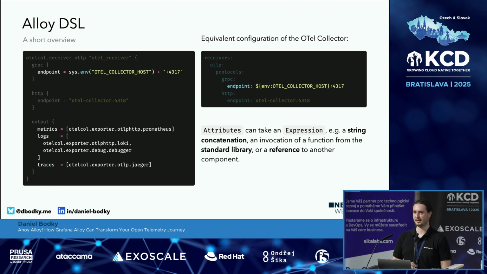Because as we will see later in the demo, the way you build the pipelines, the way you define your pipelines within the OTel collector is a bit different. So there's a lot of referencing going on. And this is how you would do it. Again, this is exactly the same way as you would do it in HashiCorp language. You have the namespace and the component name followed by the label you gave it when defining it.